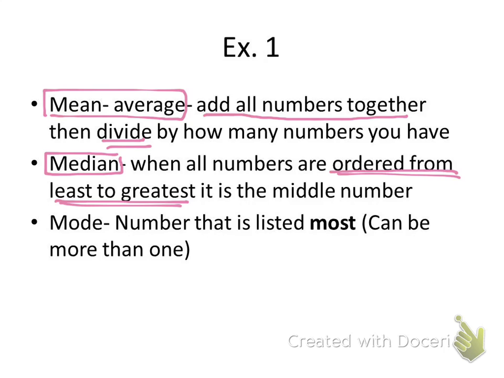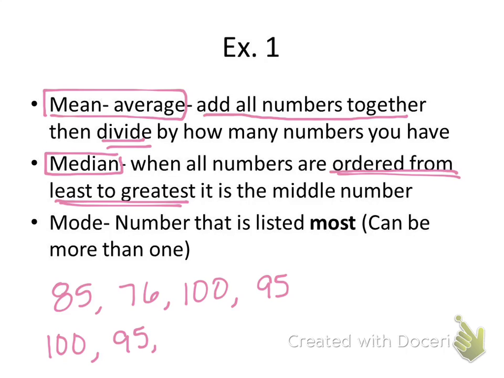So like if I were to have those numbers, let's say 85, 76, 100, and 95, I would have to order these from least to greatest, which would be 100, 95, 86, then 85, then 76, and I would count to the middle, all right?